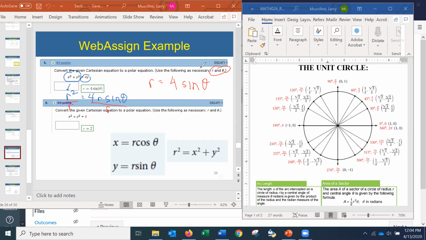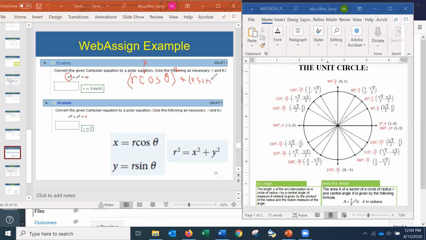By the way, what if you forgot that r squared was equal to x squared plus y squared? What if you did this problem a different way and you said that x was r cosine theta, and you said y is r sine theta?